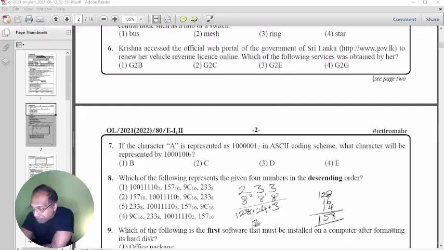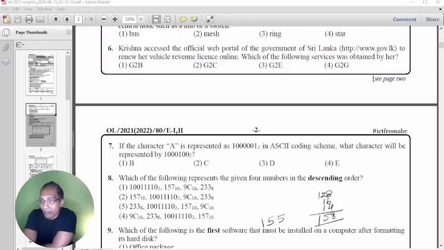Adding these up gives 155. So that's the octal value representation.